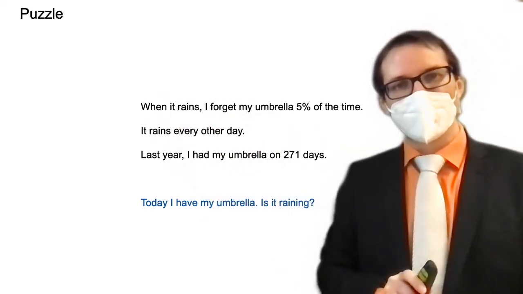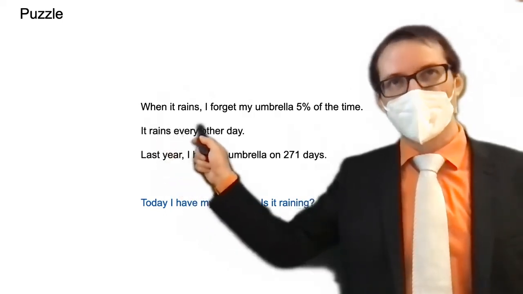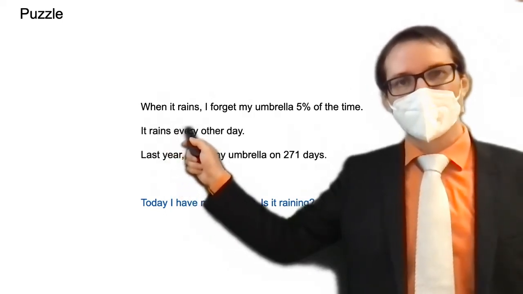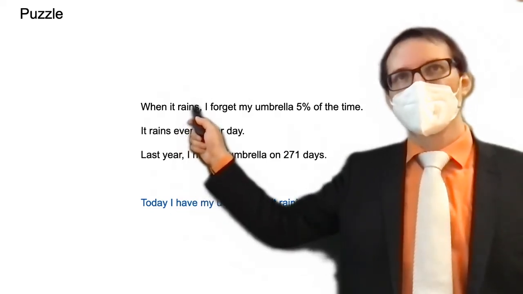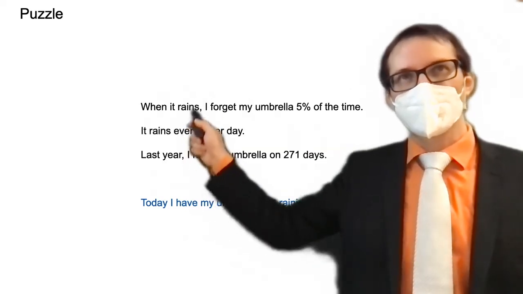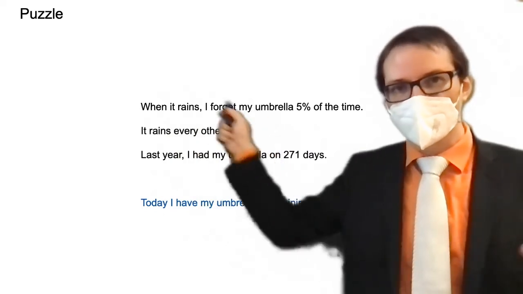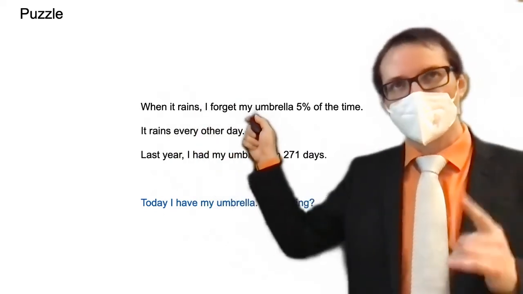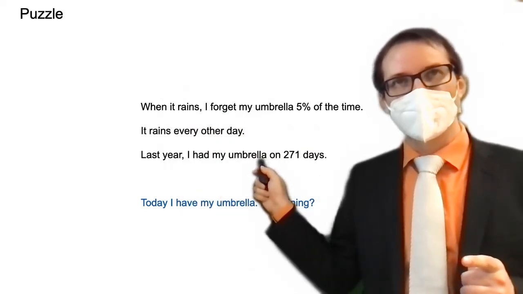It rains every other day means that R is 50%. Yes, so that's the probability of R. And therefore, we can just use the mathematical. That's right. So you can multiply them, right? This is what you're saying. Yes. This is P of R multiplied by probability of not U given R. That gives you the probability of not U and R. Yes, and then? Last year, my umbrella.